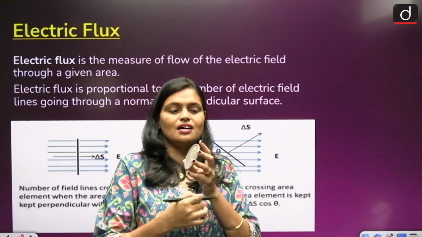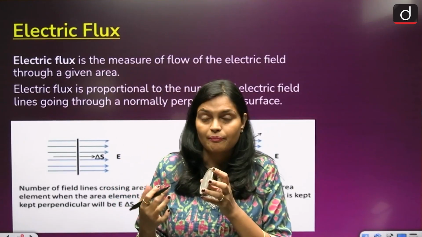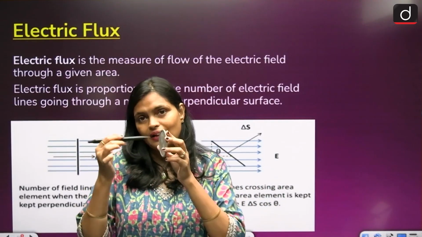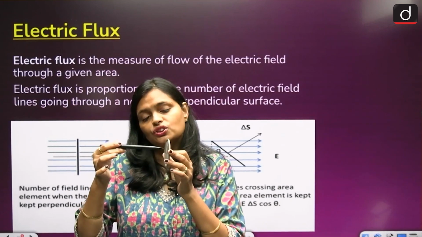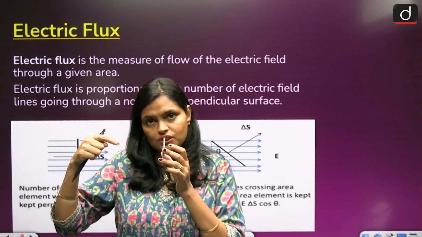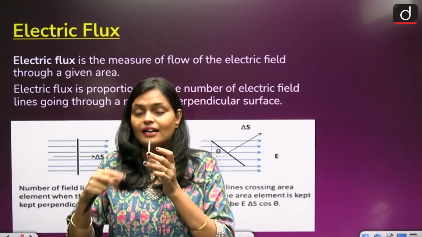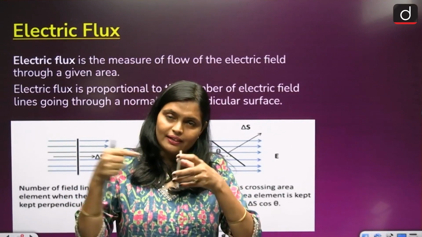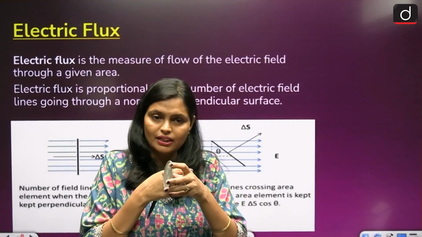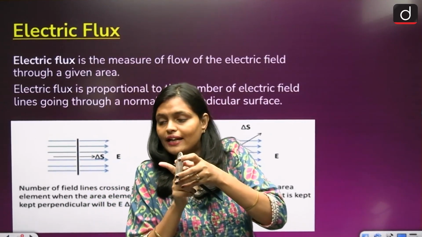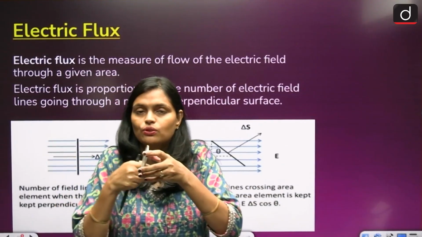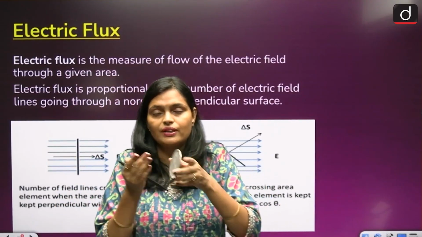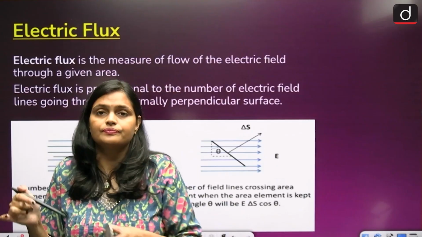If here you have a positive charge, the field line goes outward. If it has a negative charge, then the field line goes inward. Am I clear? Field lines go outwards if positive and go inward if negative.